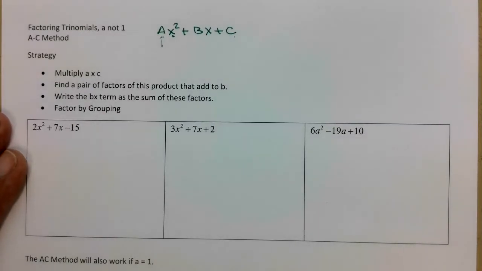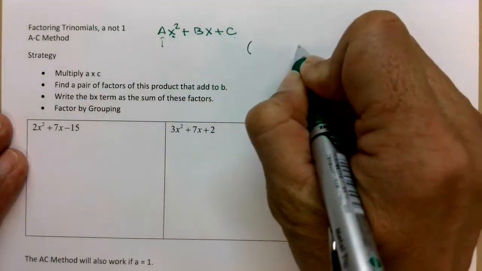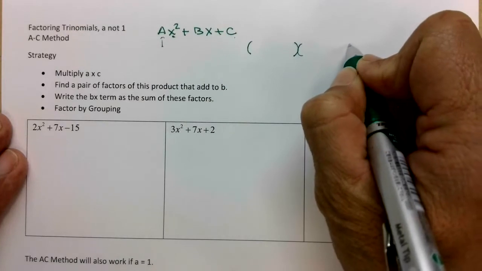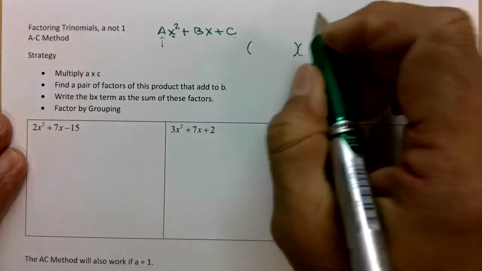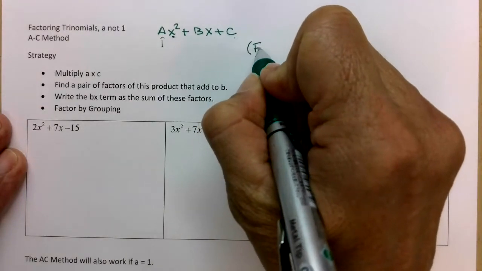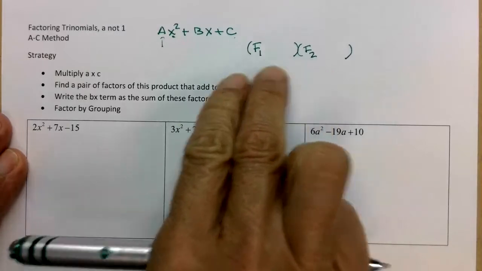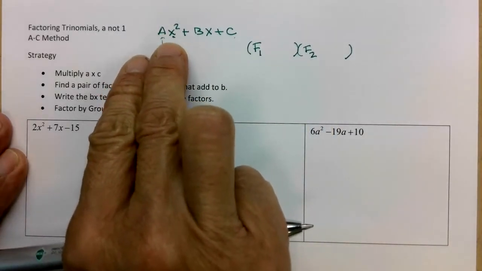It's the number that multiplies the x squared, and C is your constant term. So when we're factoring, remember it's kind of like an unfoil. We're trying to come up with what two binomials we would need to multiply to get the trinomial that we have. When you FOIL, your two first terms multiply together and typically lead to this ax squared.